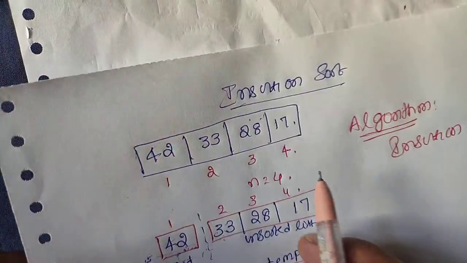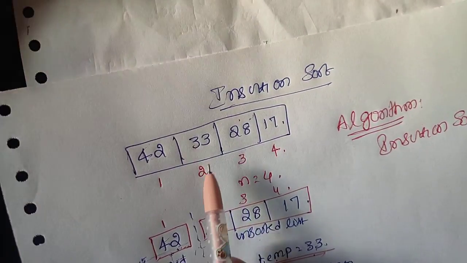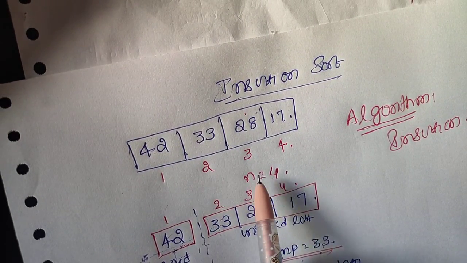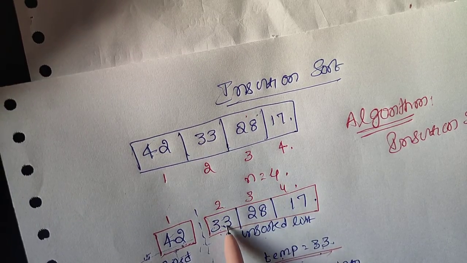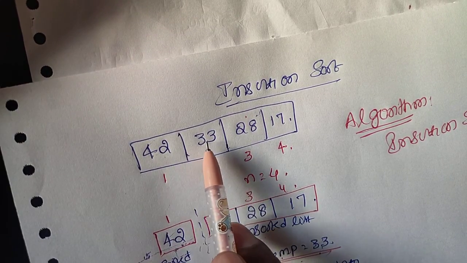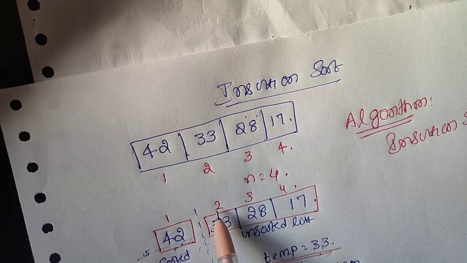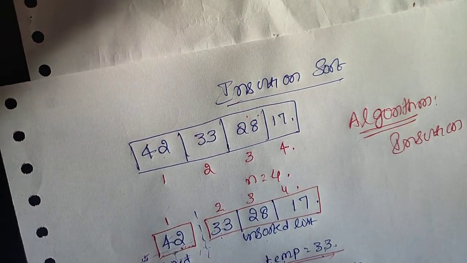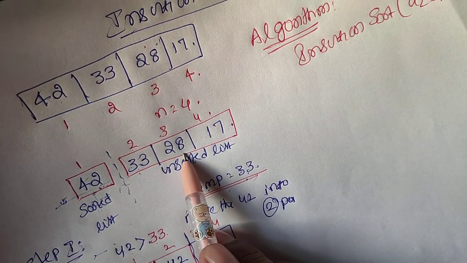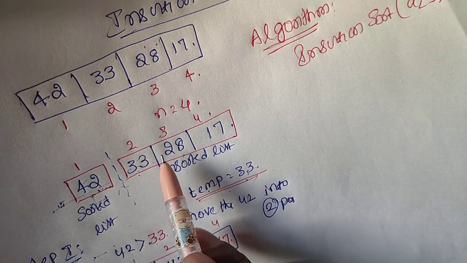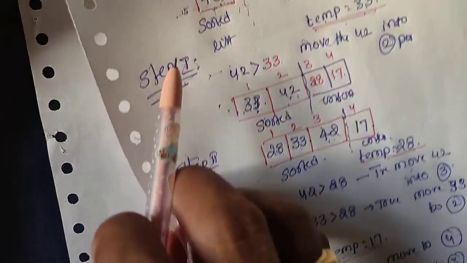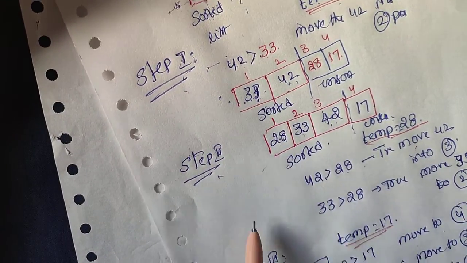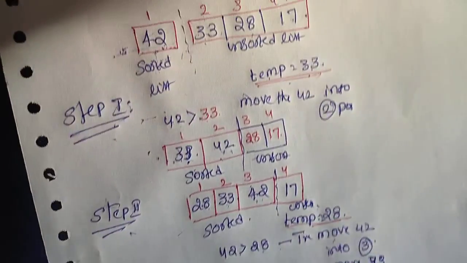This is the first value, and n is equal to 4. Are we starting with 42 or 33? We start from 33, because this is the unsorted list and we consider only the unsorted list. How many times? 1, 2, 3 steps.